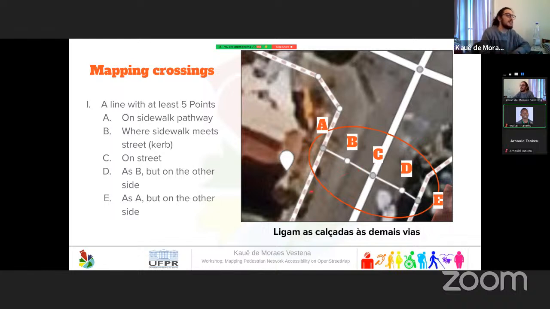D is between the sidewalk and the street again, like point B but on the other side, and E is the same as A, but on the other side.